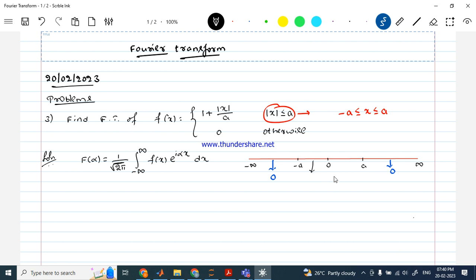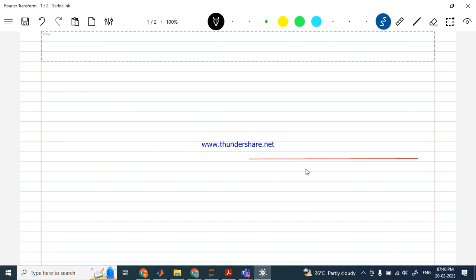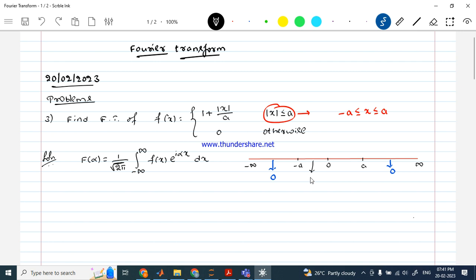It is positive in 0 comma a, and x takes negative values in the interval minus a comma 0. Suppose the number is minus 2, which lies between minus a and 0. We know that modulus converts that negative number to a positive number. To convert minus 2 into a positive number, I should take mod x as minus x, so that minus into minus becomes plus 2.